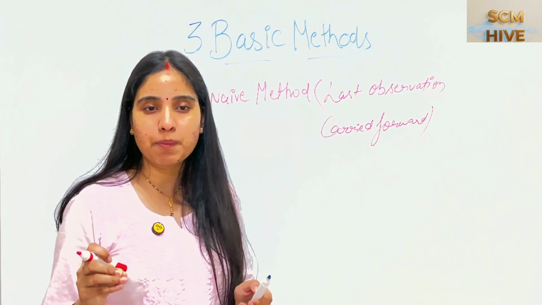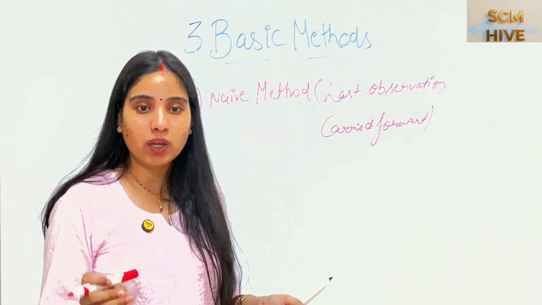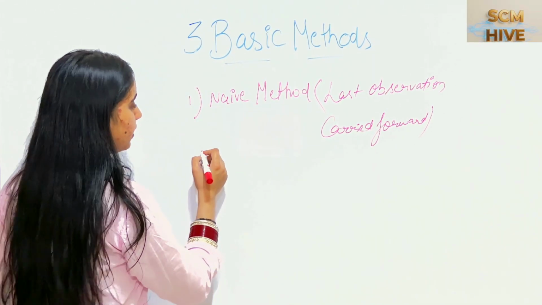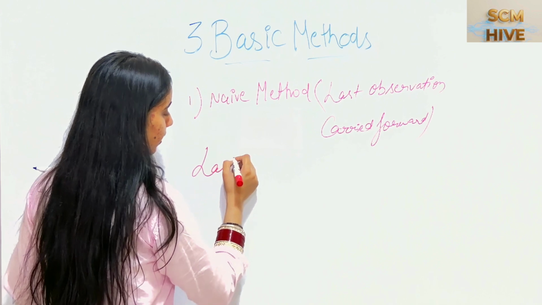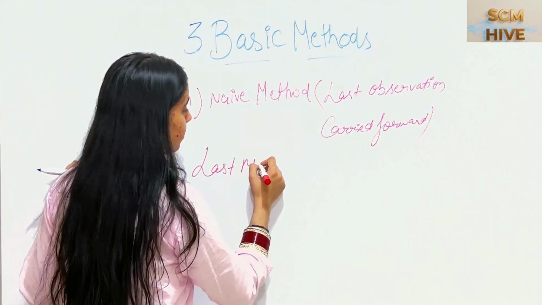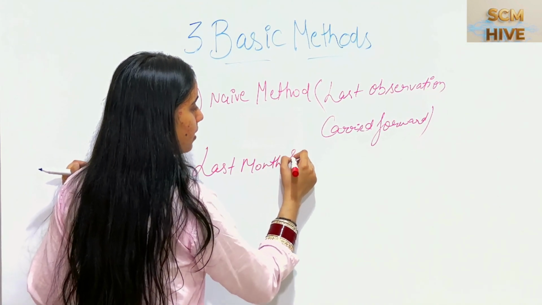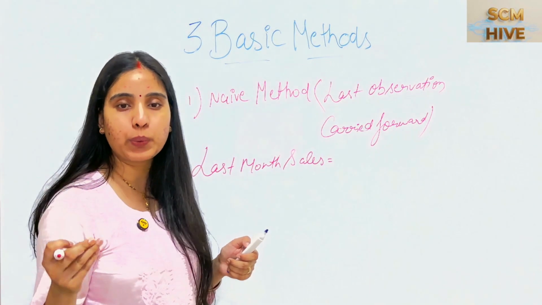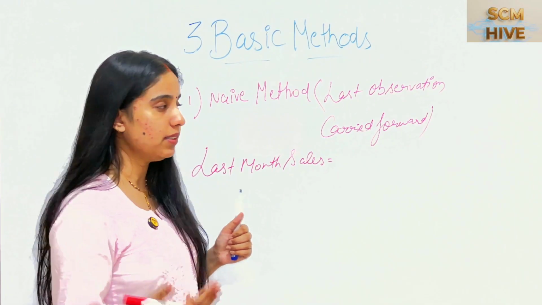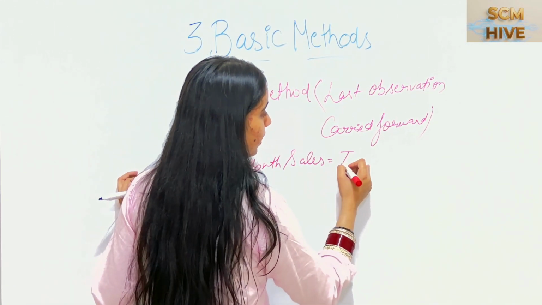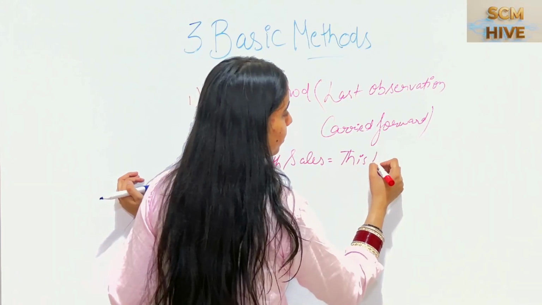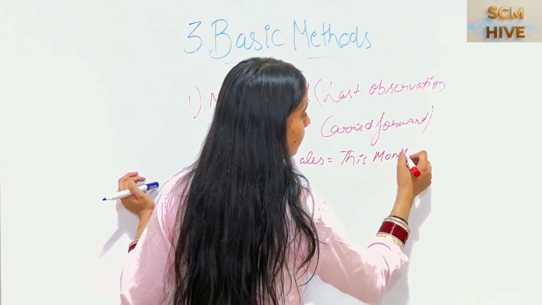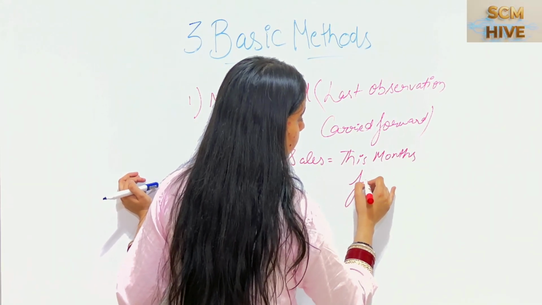The simplest approach possible. The logic is, whatever the last month's sale number is, it will be equal to this month's forecast.